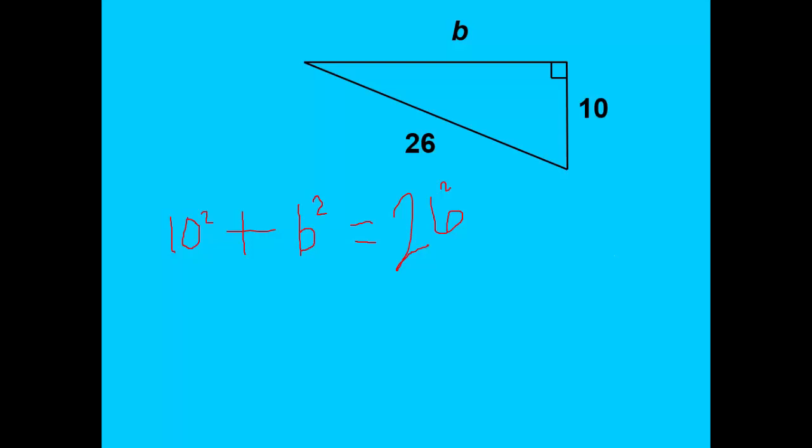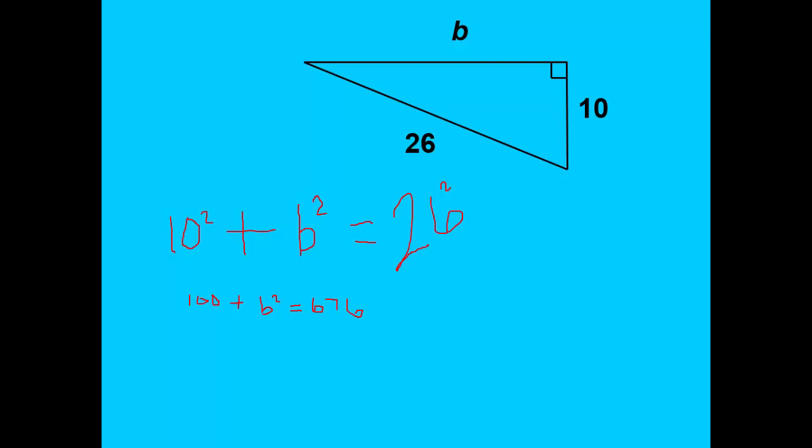Thinking about the square roots that we know, 10 times 10 would give us 100, so we'll have 100 plus B squared is equal to 26 times 26, which we may not know, so we'll have to use a calculator. And it is 676.